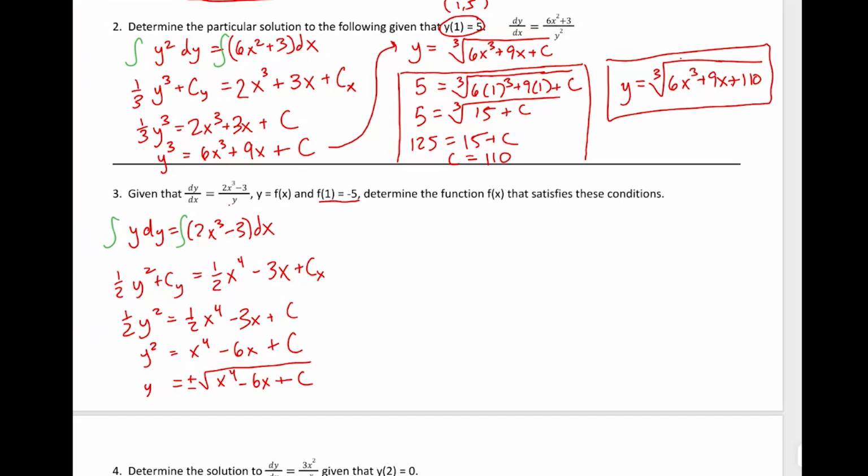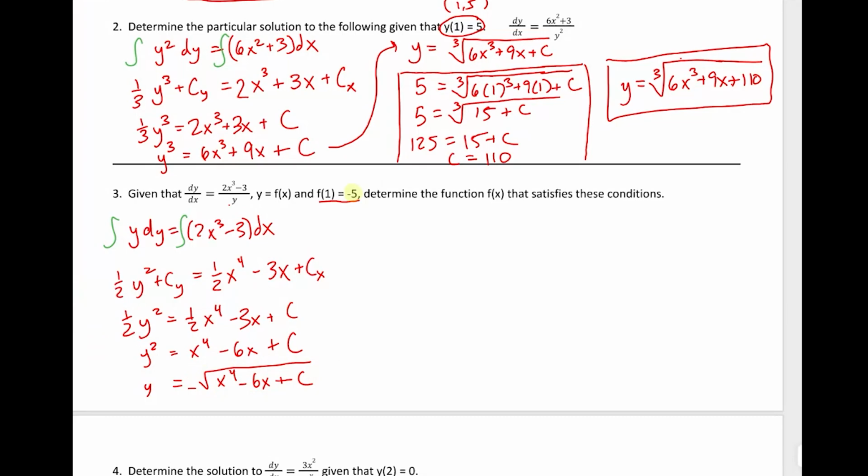Because the square root of something is always going to give you a positive value, right? This is always going to be positive. And then I have that plus or minus going on there. So in order for it to be possible for there to be an output that is negative, they've all got to be negative.